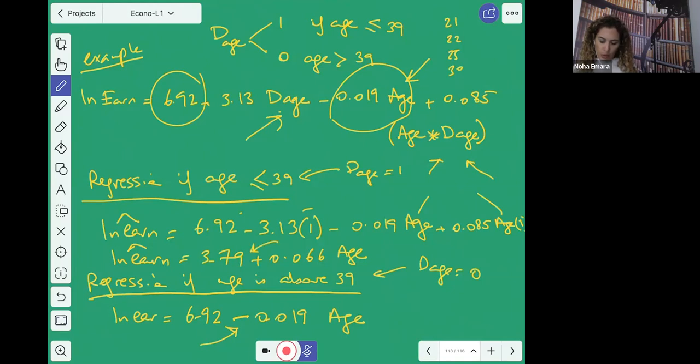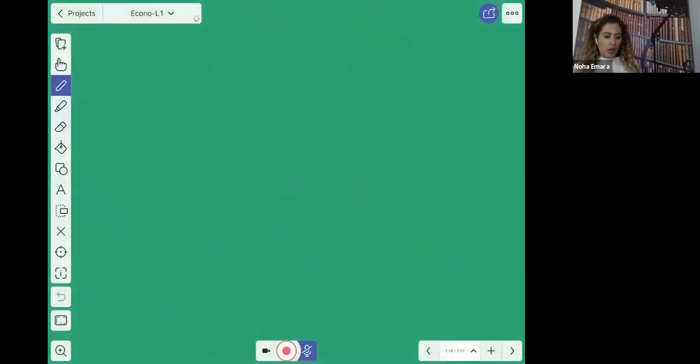Okay, so a positive relationship otherwise, which is if age is equal or below 39.